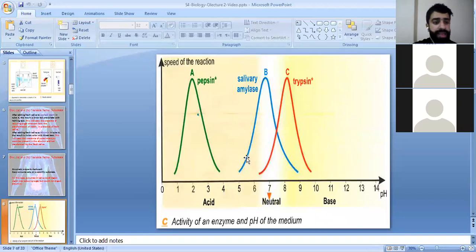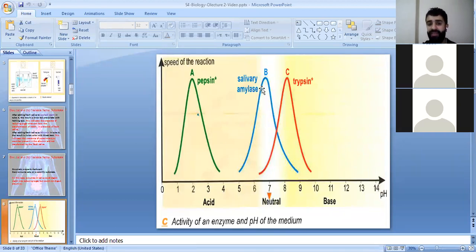Second application: it's about the acidity or basicity, it's about the pH. Pepsin, as we said before, works in an acidic medium. Pepsin, P, acidic like Pepsi, if you remember. So it works best at a pH approximately equal to 2, where the speed of the reaction was maximum.